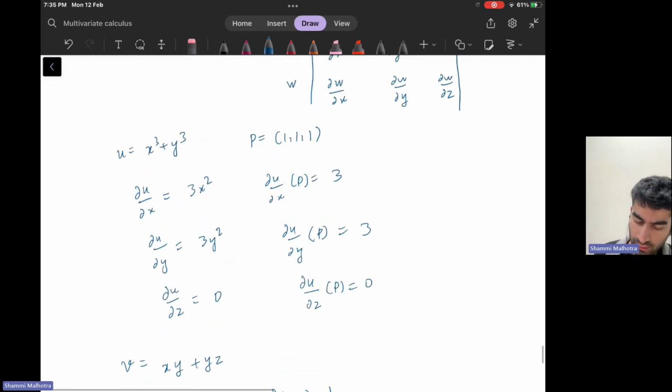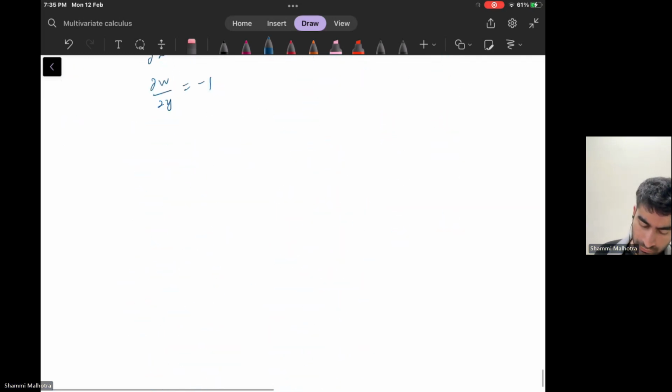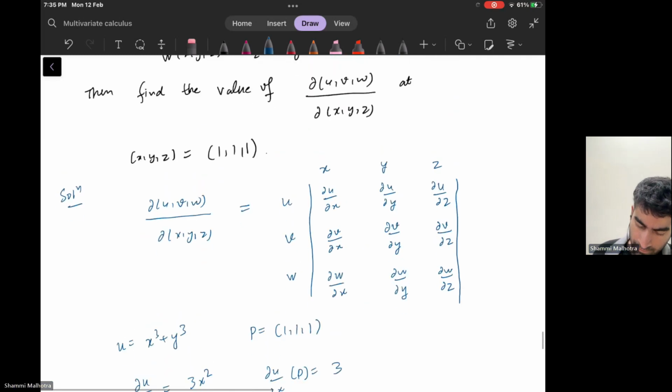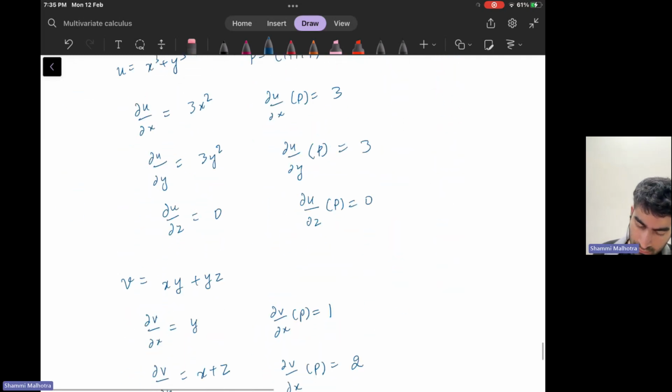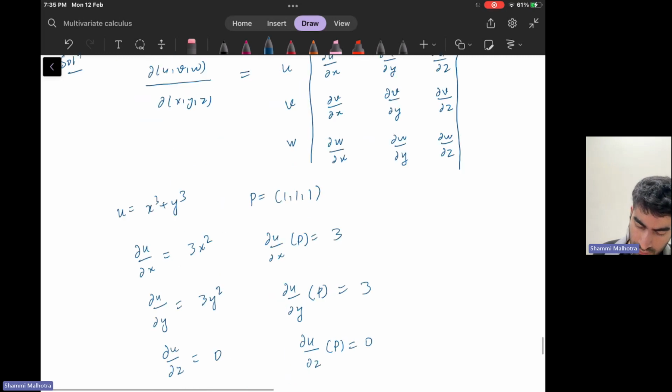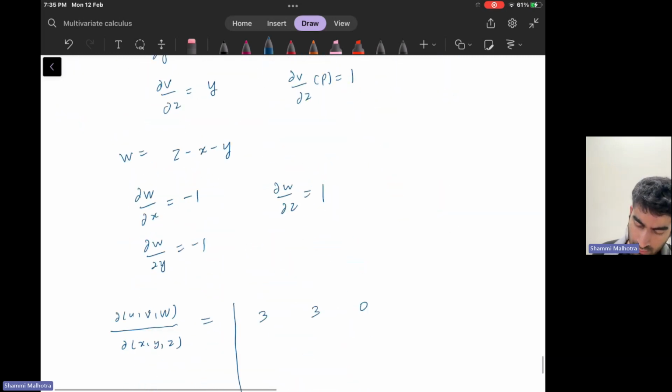So let us plug in these values. Del of u v w divided by del of x, y, z. The values we have here are 3, 3, 0. And then for v, we have 1, 2, 1.